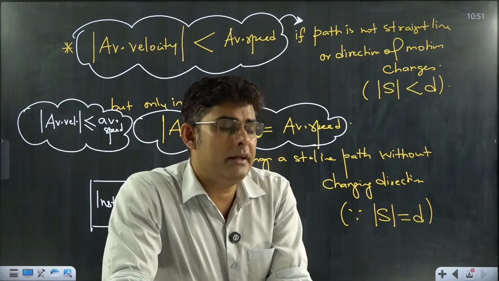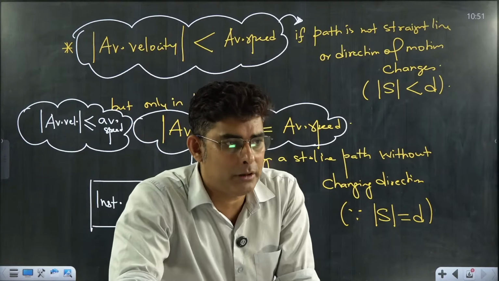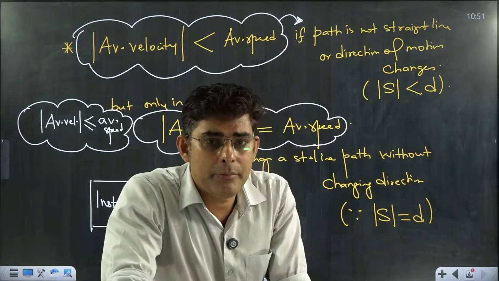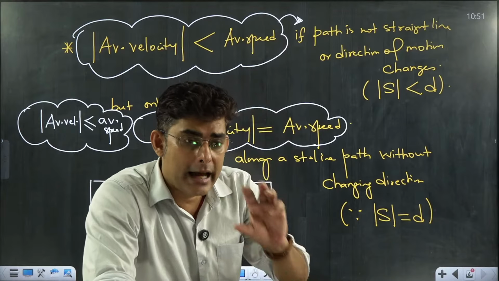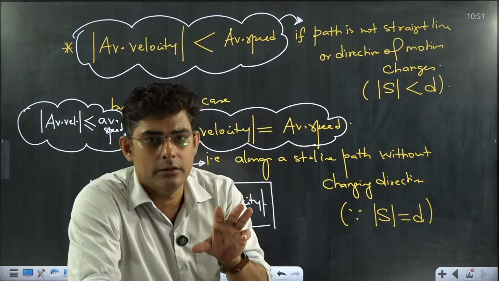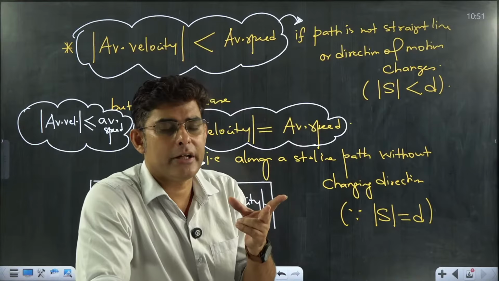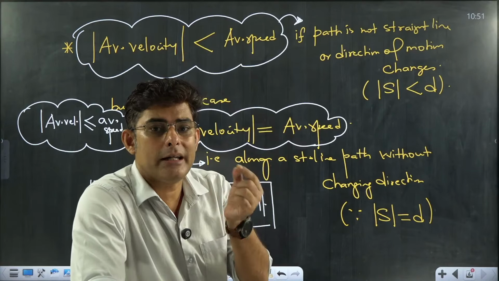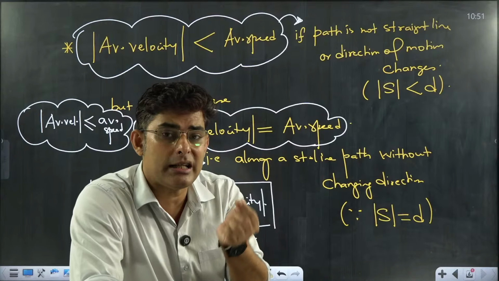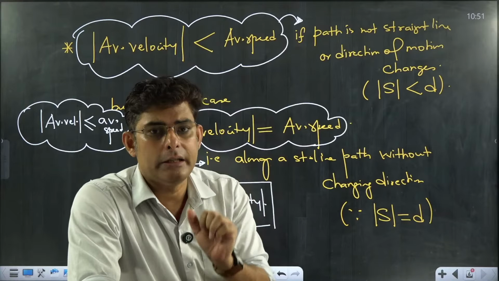So this speedometer is based on some mathematical concept. That mathematical concept which calculates and displays your instantaneous speed is called differentiation. By the method of differentiation, we can calculate the rate of change of position at every instant, which will give you your velocity.